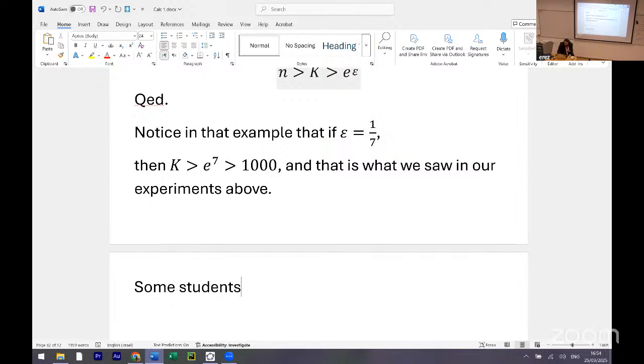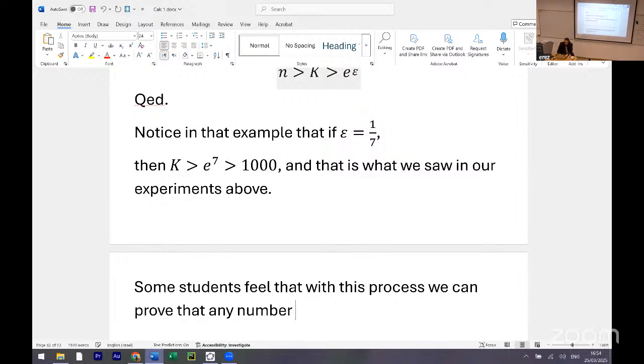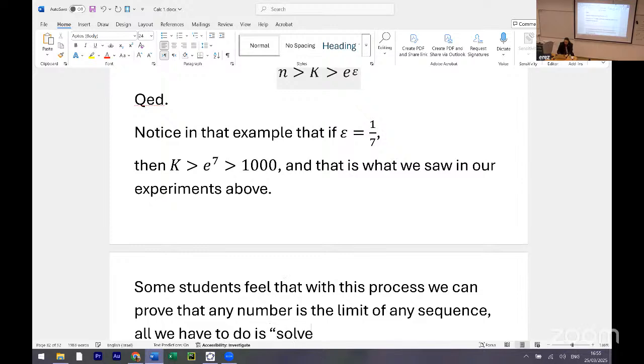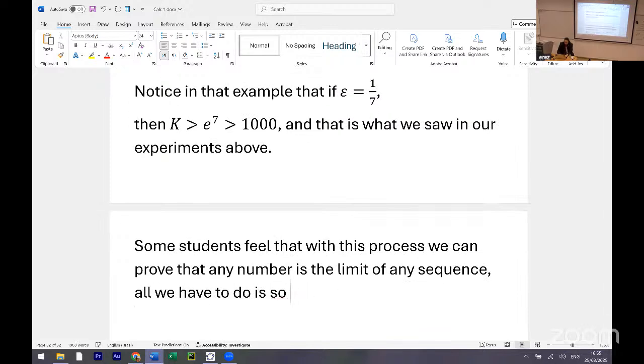not you personally, Sammy. Some students feel that with this process, we can prove that any number is the limit of any sequence. All we have to do is solve some inequality.